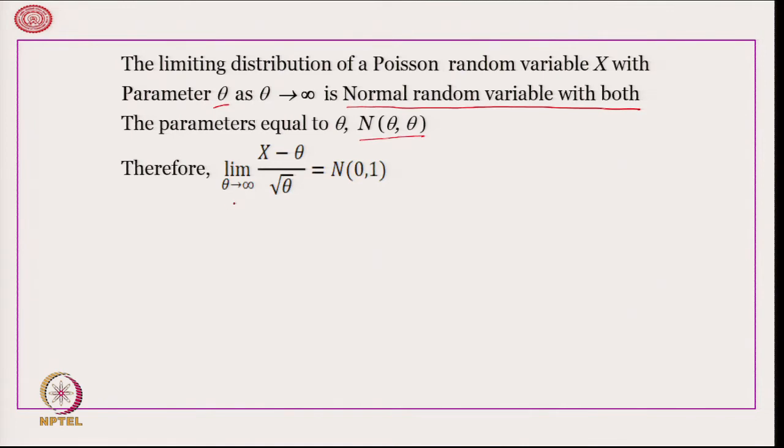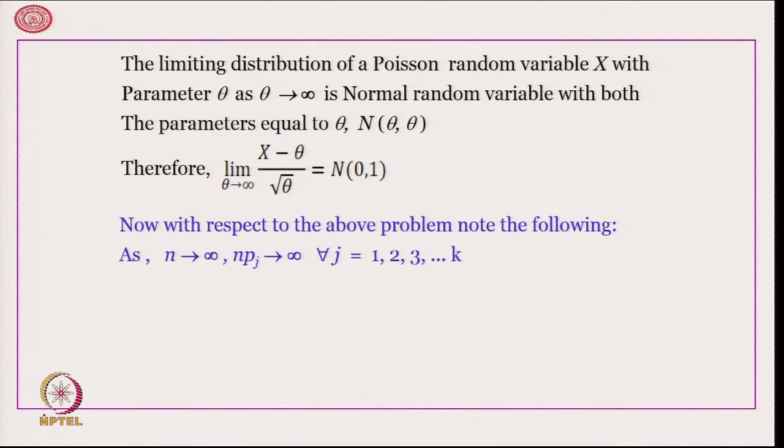Therefore, as theta goes to infinity, (x minus theta) upon root theta converges to normal 0, 1, because we have standardized it by subtracting the mean and dividing by the standard deviation, which is root over theta.